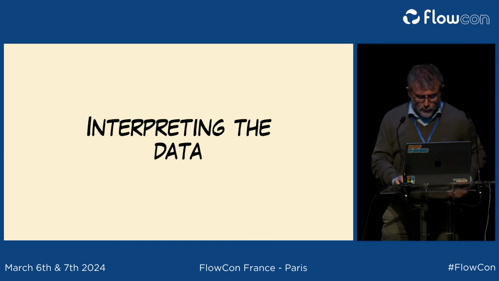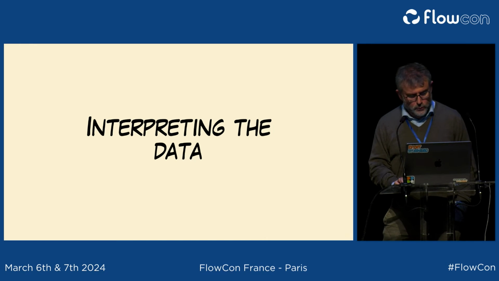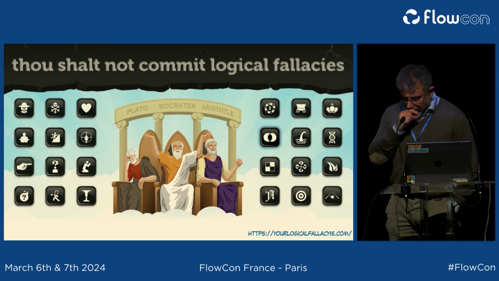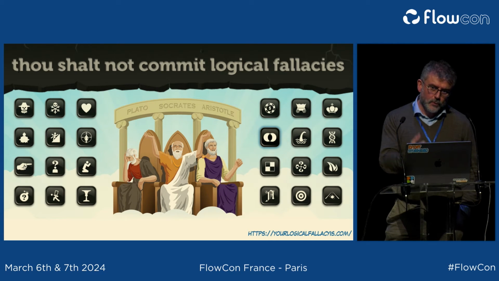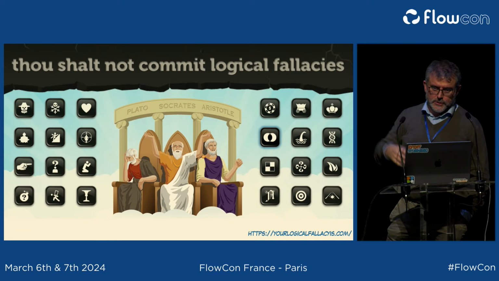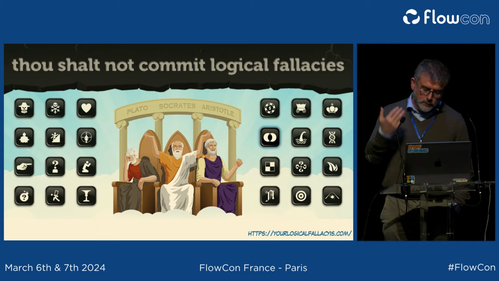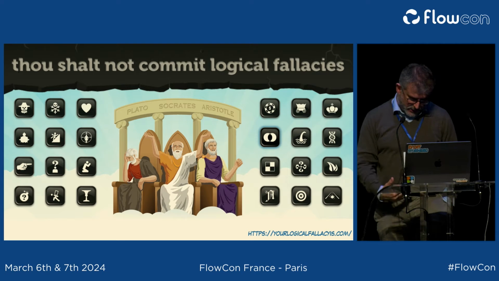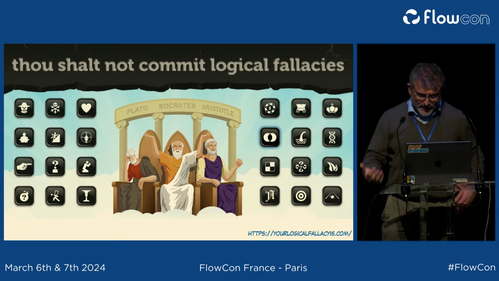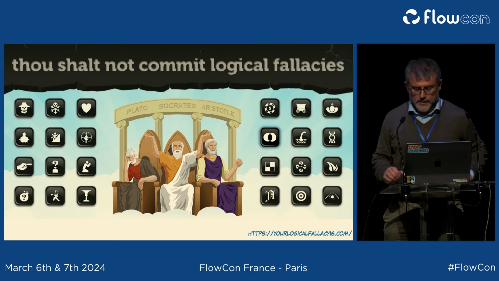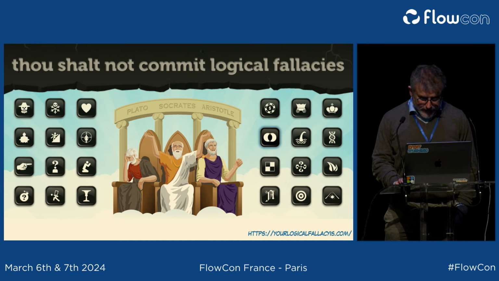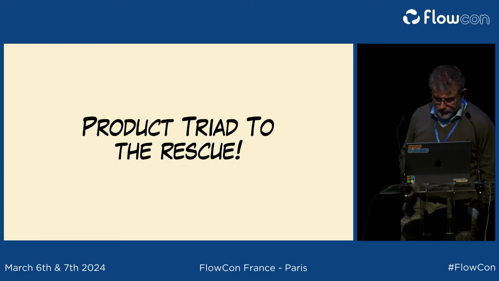So there's another can of worms that might need to be opened, which has to do with interpreting the data. The more discussion we had in this space, the more we realized that biases and logical fallacies were actually problem number one. We wanted to have a critical discussion about the data and behavior we were detecting, and that was not exactly easy, because of pressure, because of power, and so on.